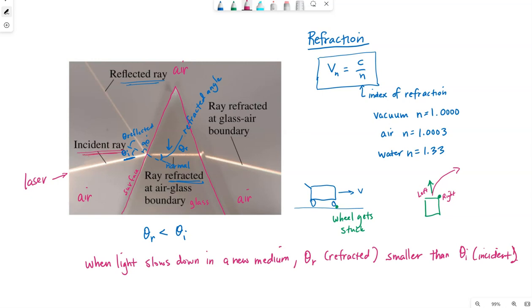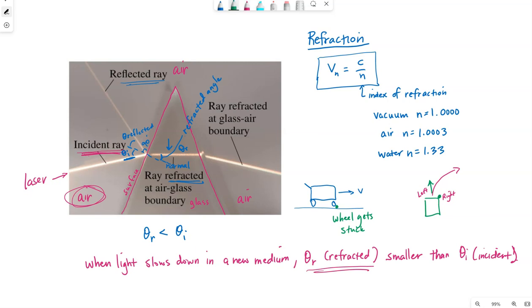The incident light ray was in air, index of refraction of essentially 1, but then the light that continues into the glass slows down because we're now into glass, which is going to have an index of refraction that is greater than 1. In fact, it's probably close to 1.5. It depends upon what type of glass this is. So we see this refracted angle get smaller.